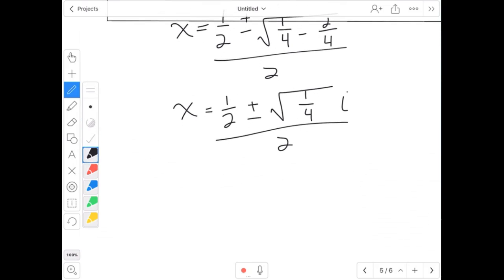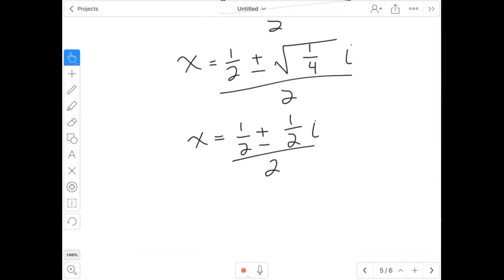And then I'll keep going from there, because the square root of 1/4 is going to give me square root of 1 is 1, square root of 4 is 2. So plus or minus 1/2 i all over 2. So if I'm dividing by a fraction, then I should be able to multiply by the reciprocal.